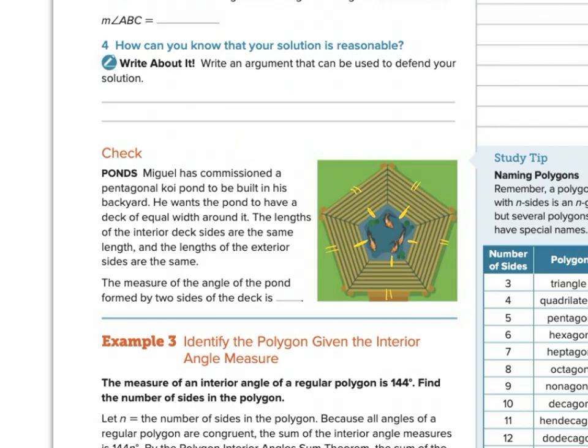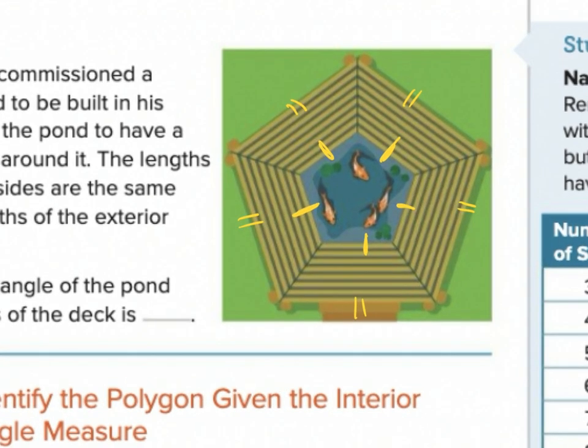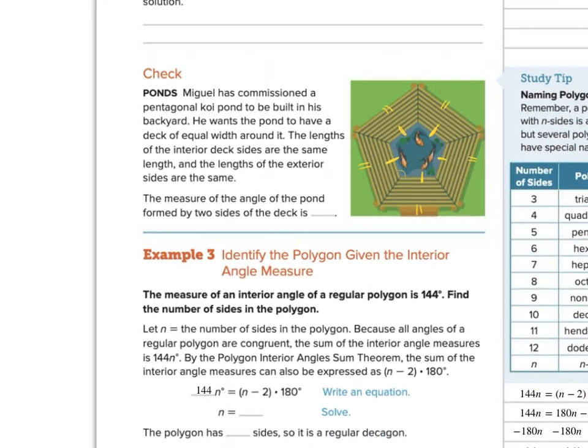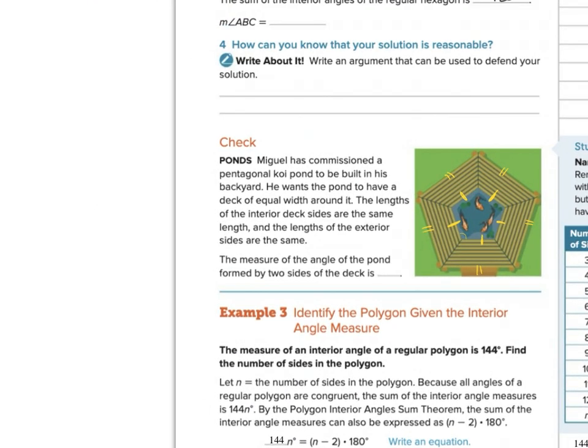Measure the angle of the pond. The measure of the angle of the pond formed by 2 sides of the deck is... So 2 sides of the deck, the angle of the pond. We are trying to figure out what this angle measurement is right there. So again, we can use our formula, n minus 2 times 180.